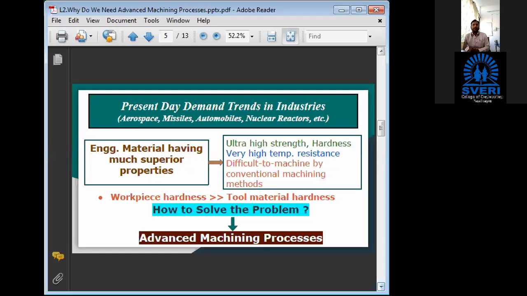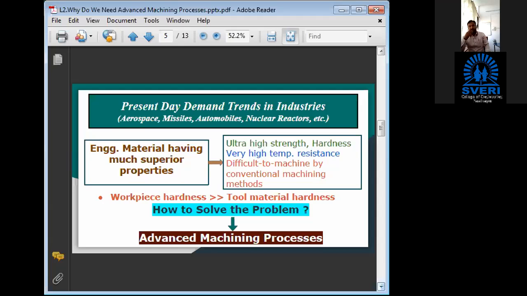But here we are using ultra high strength material for aerospace or missile industries, where there is a demand to use materials having much superior properties.